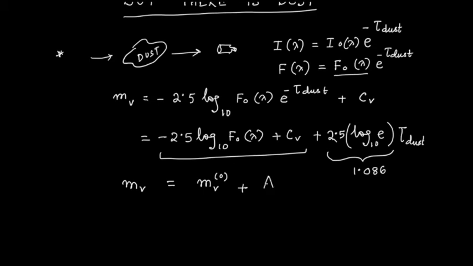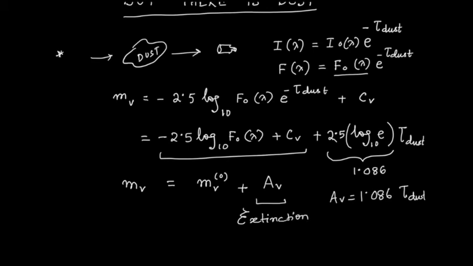So this entire thing is called AV. So AV is 2.5 log 10 of e, which is 1.086, times tau dust. So this has a name, it's called extinction.